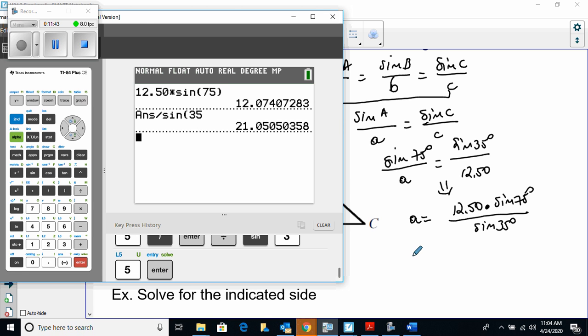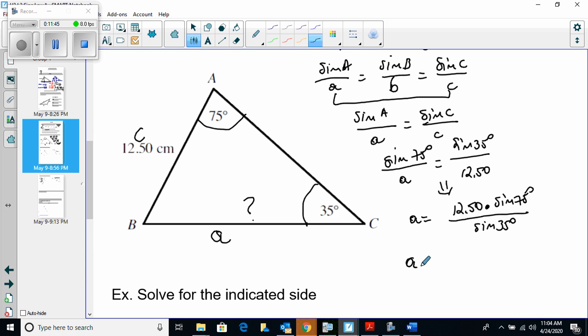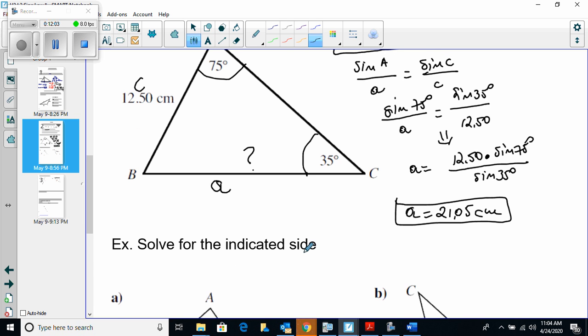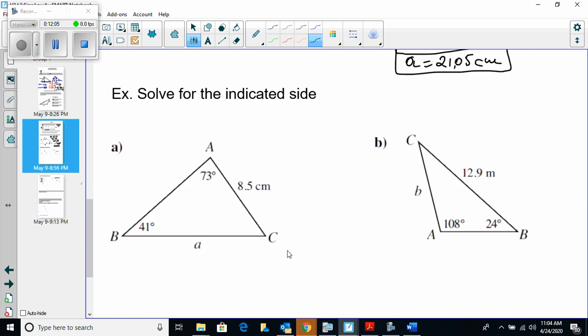And we have 0.05 centimeters, which is what we actually found on the first part of this lesson, but in a very short way. And now let's see how we can solve for the indicated side in the examples that we have here.